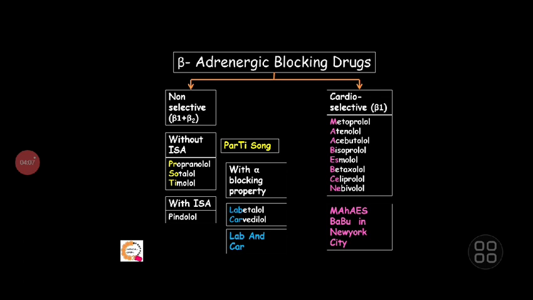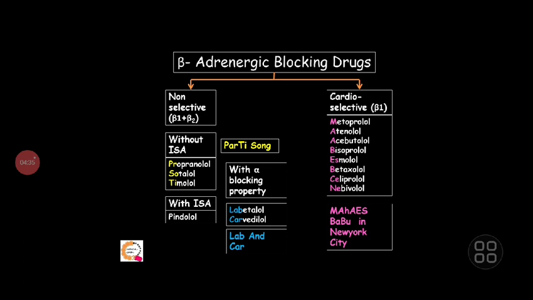The trick is: a person having property, in property he has two things, lab and car. A person, A means alpha, okay, alpha blocking agents. So a person having two properties which are lab and car, lab for labetalol and car for carvedilol.